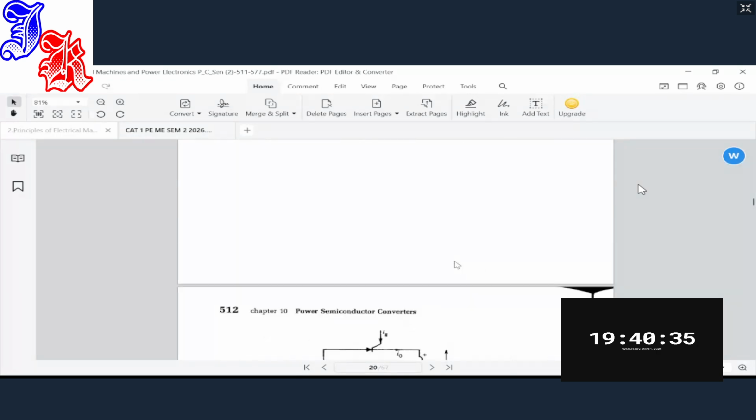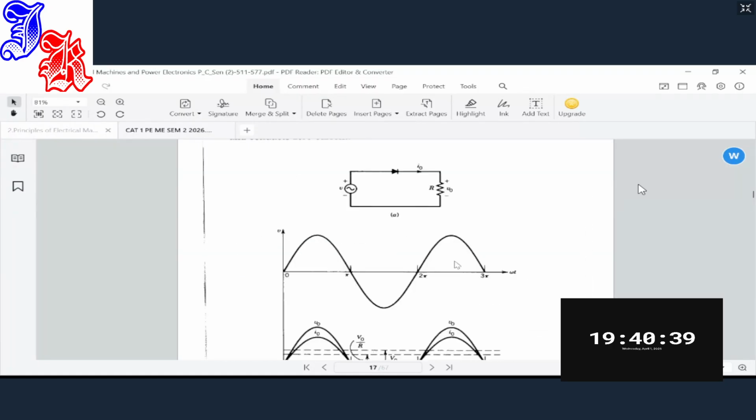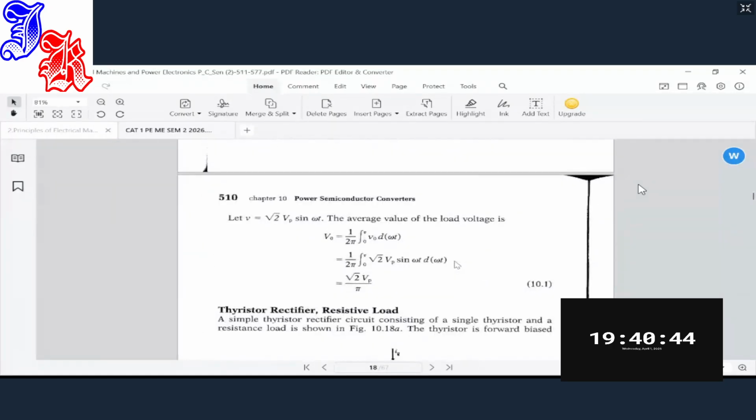So a quick one, maybe on your calculator, you can try to substitute in this equation. If you are told that Vp is 240, what will be your output voltage for this situation? What will be the output value?